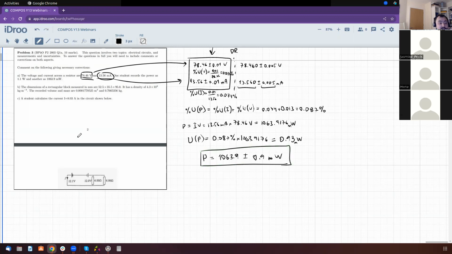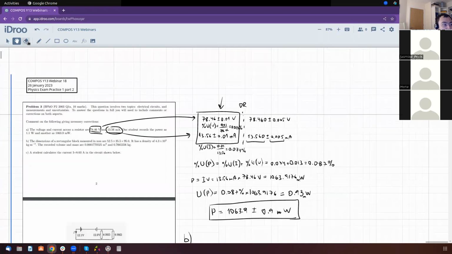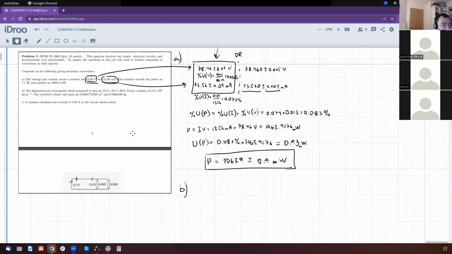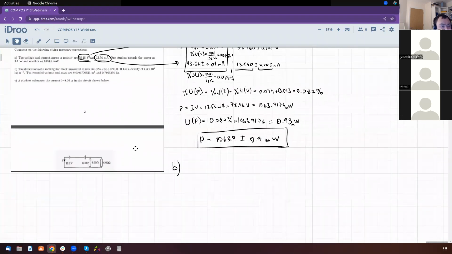So the second student is close. Anyways, B, the dimensions of a rectangular block. So this is question A, and this is question B. The dimensions of a rectangular block are measured as 52.2 and 35.5. It has a density, and the recorded volume and mass are this.